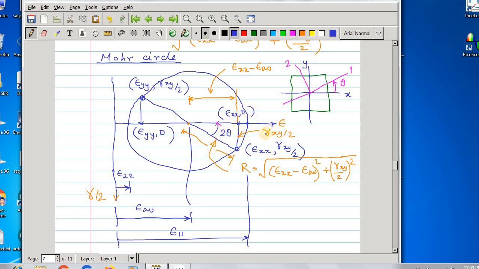So if you have positive gamma xy, then gamma xy by 2 has to be drawn in this direction. Then epsilon yy and minus gamma xy by 2. Better put a minus here.